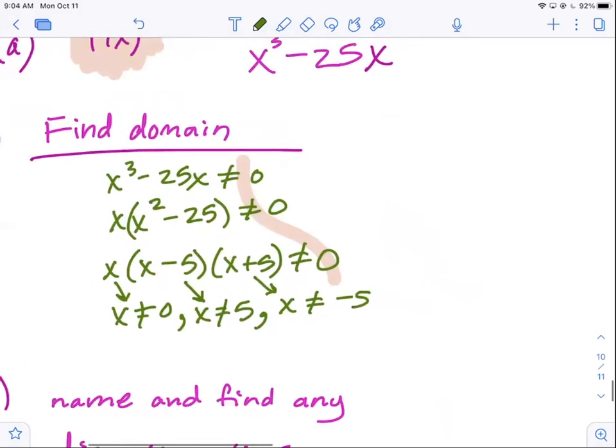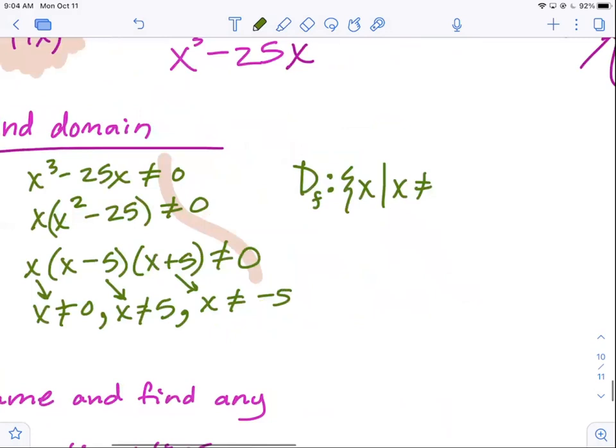All right, so to write the domain, we would then say d sub f is the set of all x such that x cannot equal, and then, of course, we can list these in any order: 0, 5, negative 5. They don't have to be in increasing order when you write them in set notation. Now, when you do interval notation, they do, right?